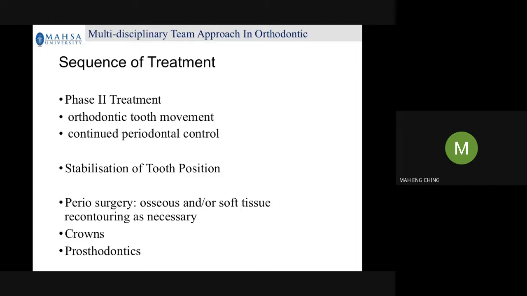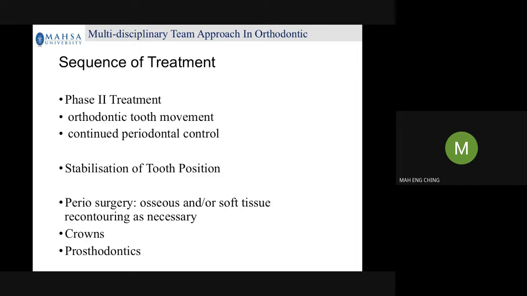But at the same time, when you start the braces treatment, you have to make sure the patient continues the periodontal control, either by the patient themselves or by the doctor, or sometimes both. It doesn't mean that once you start braces, the periodontal treatment is stopped. No, periodontal treatment has to continue throughout the braces treatment. So I would say the plaque control or periodontal treatment has to start before orthodontic treatment, during orthodontic treatment, and after orthodontic treatment.